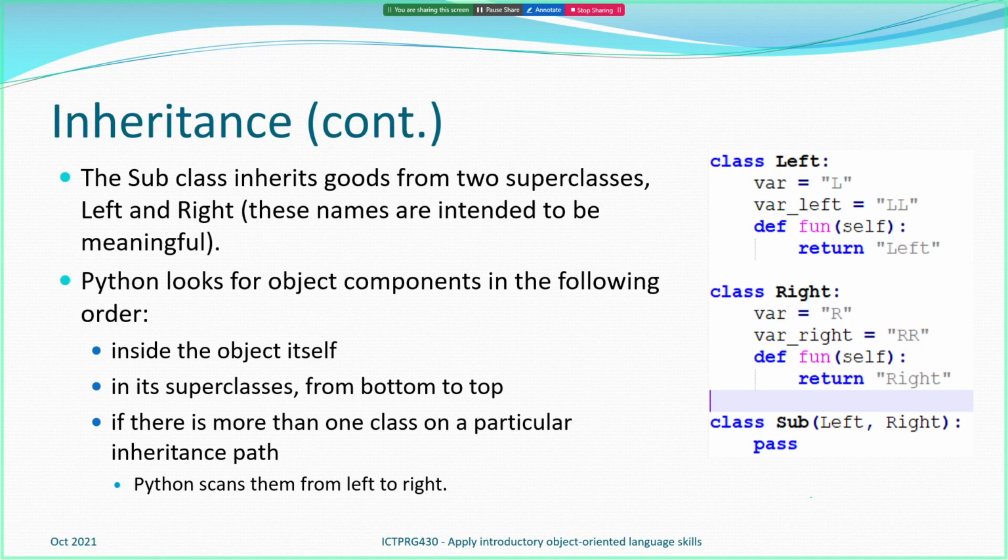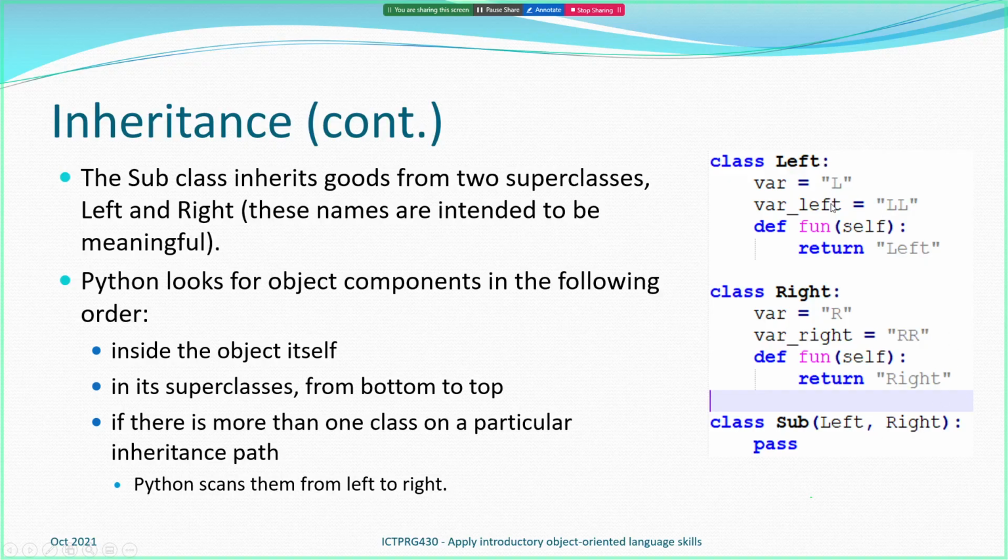We can inherit from two superclasses, and we do this by having them listed in parentheses separated by a comma. So class sub is going to inherit information from left and right classes.